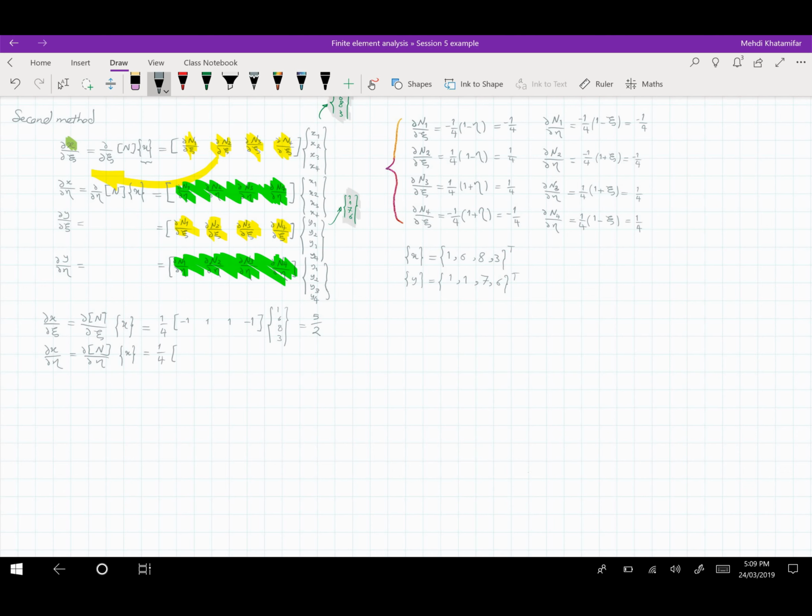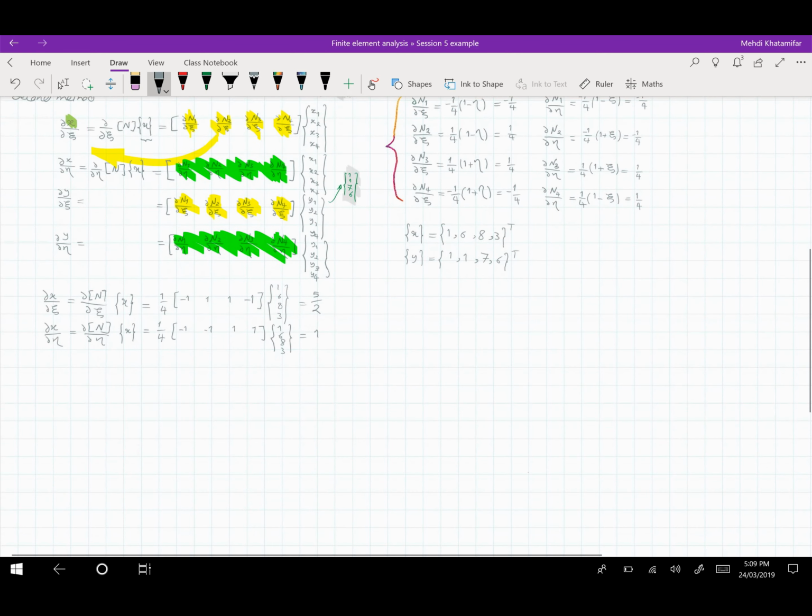For eta it is going to be -1, -1, +1, +1, and again the x vector. If you multiply those two, we are going to reach 1.